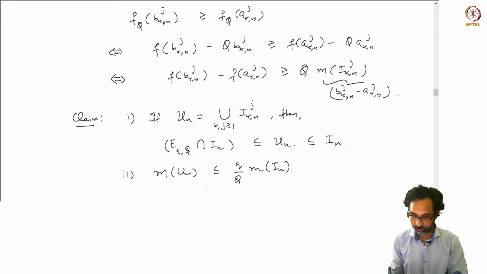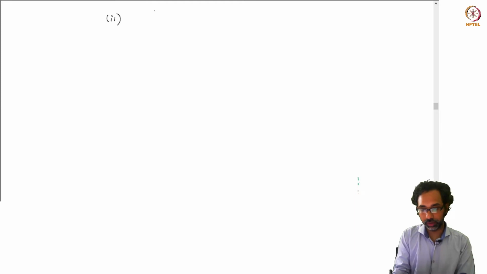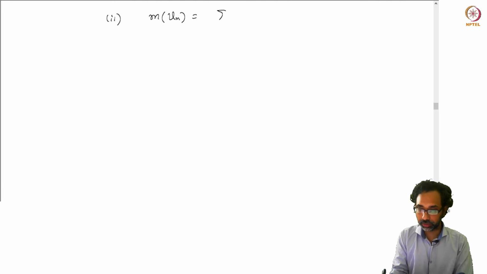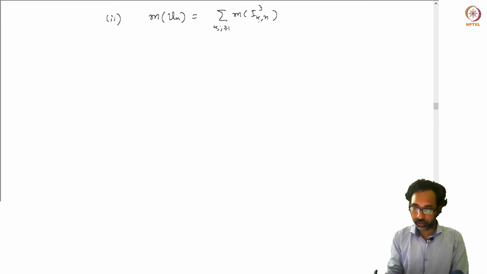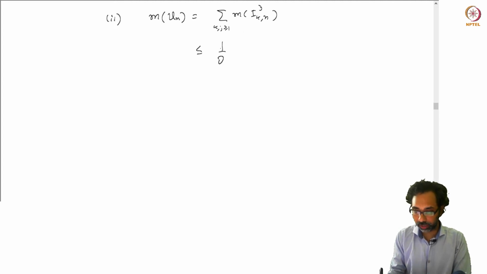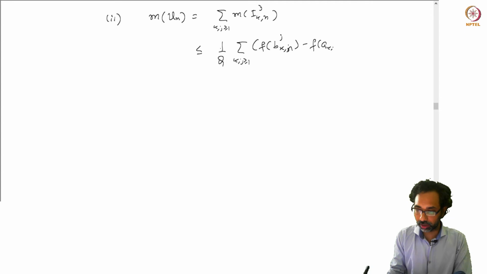So this proves the first part, and for the second part we argue as follows. We have m of U_n, which is nothing but the sum over k, j greater than or equal to 1 of m of I_{k,n,j}, and m of I_{k,n,j} is less than or equal to 1 over capital Q times the sum over k, j of f of b_{k,n,j} minus f of a_{k,n,j}.